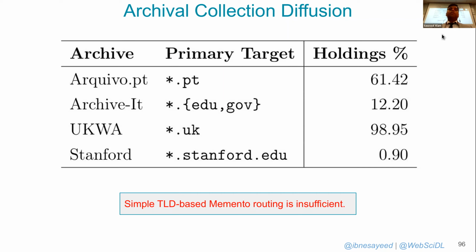But that has only 12% prevalence in their collection. .coms and .orgs are actually more prevalent. UK Web Archive is the tightest when it comes to collection diffusion. Their 99% collection is just UK. Stanford Archive had less than 1% URIs from their own university. But the situation might have changed because we only had data from when it was only 1 year old.